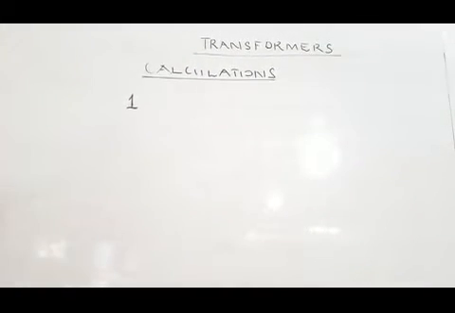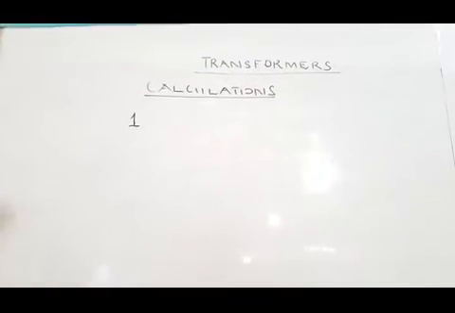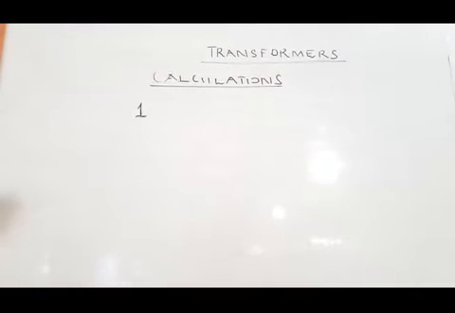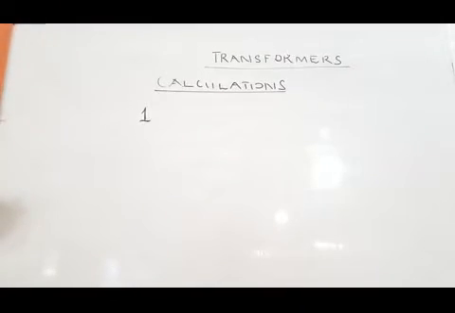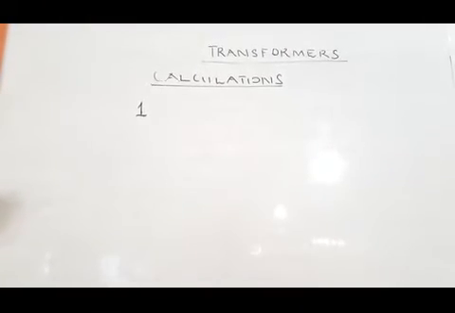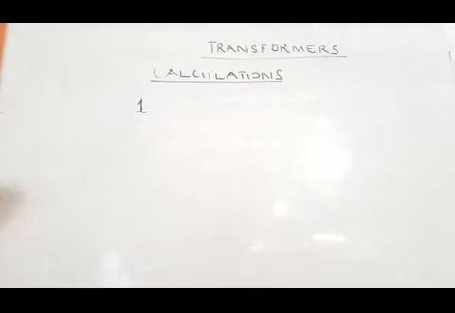Now, the number of turns in the primary and the secondary core is actually proportional to the voltage. So if the number of turns is higher, the voltage will also be higher.